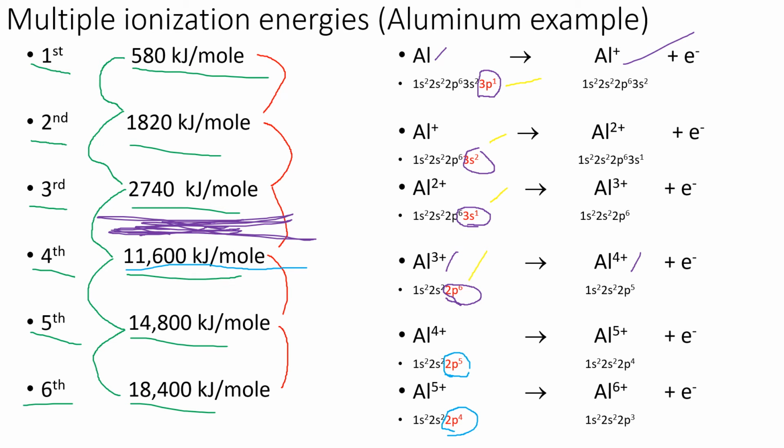So that big jump matched us changing which electron we were removing and what energy level it was at. 3s didn't cost us much, 2740. 2p, 11,600. And that's going to be a key thing that we're going to look at. Ionization energies can tell you something critical about the element that you're dealing with. I want to show that to you in the next slide.